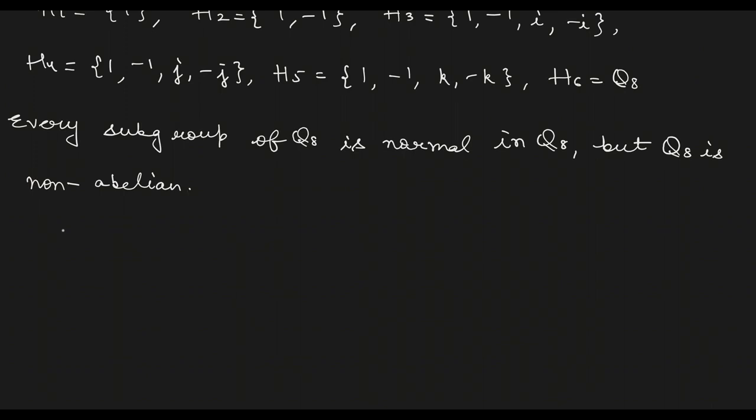Next, normal subgroup is not a transitive property.